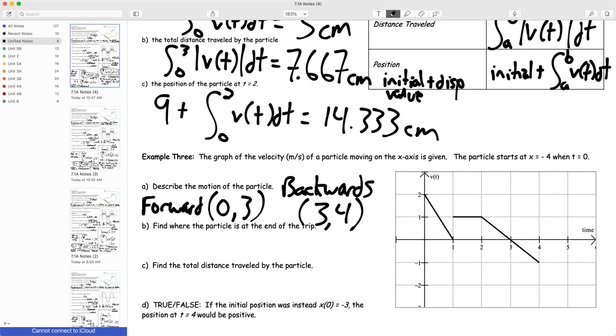Find where the particle is at the end of the trip. So what are we looking for here? Find where it is. Position. So position is initial value plus displacement. The initial value is -4.